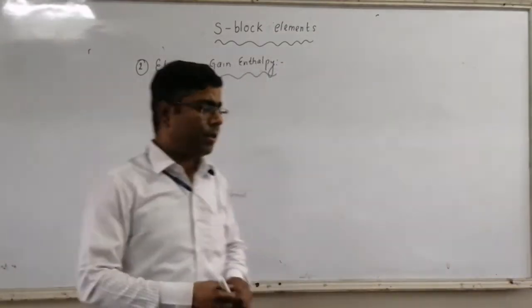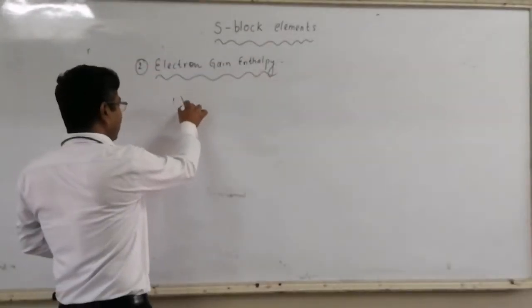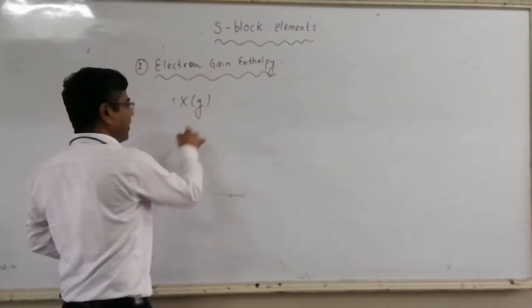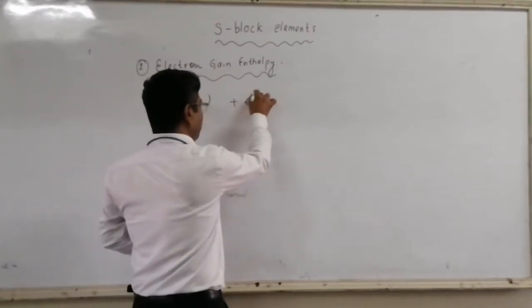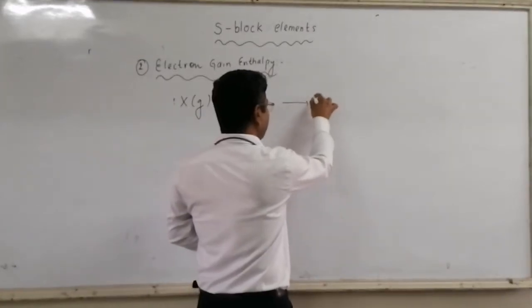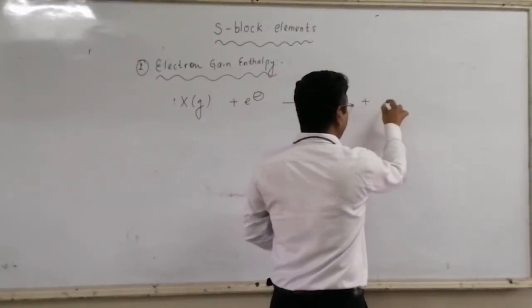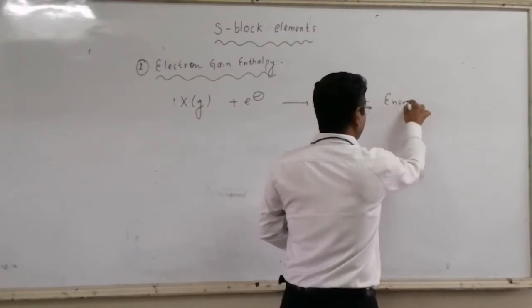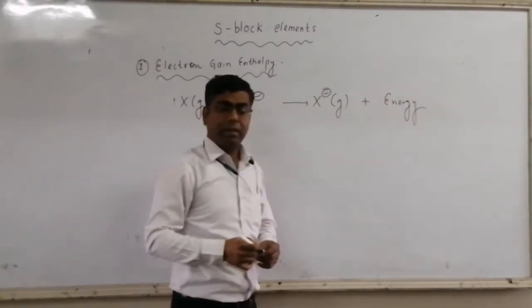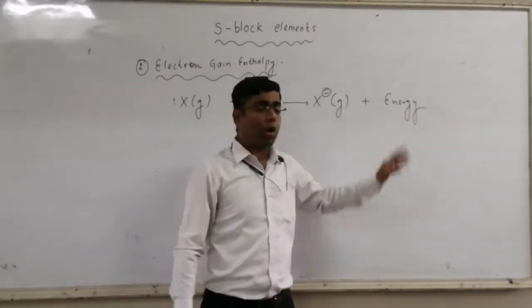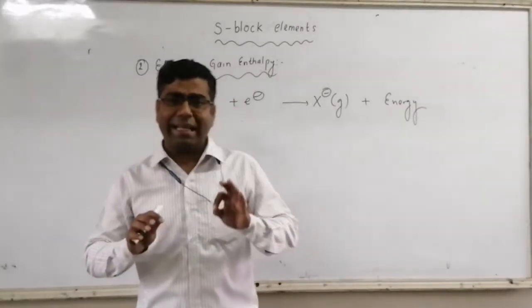So how can we write it? We can write X in gas state, when an electron is added to the valence shell, it gets converted to X minus gas with the release of energy. This energy is called electron gain enthalpy.